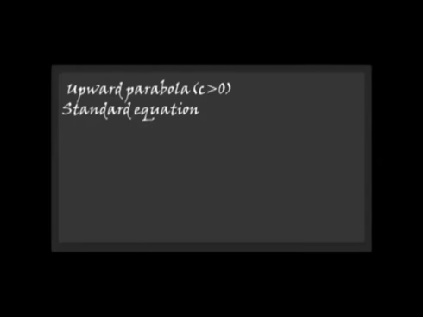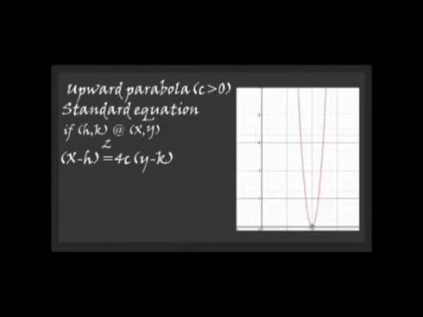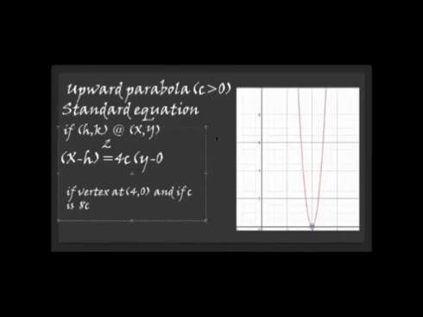Now for the standard equation of h, k at x, y, where x, y is any point on the graph: x minus h squared is equal to 4c times y minus k. If the vertex is at 4, 0 and c is 8, then you just substitute the given vertex in the equation.